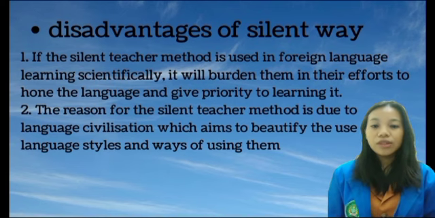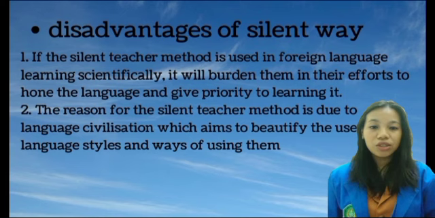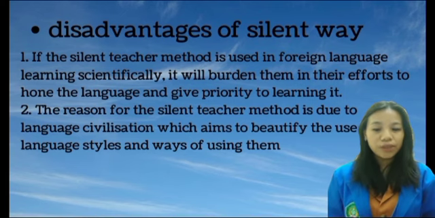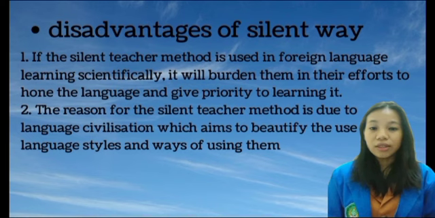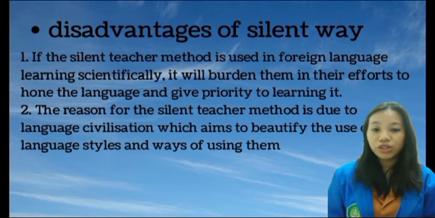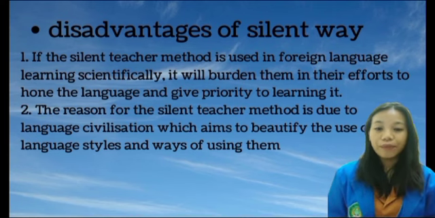Number two, the reason for the silent way method is due to language civilization, which aims to beautify the use of language style and ways of using them. In the second point, it is stated that the reason for using the silent way method is due to language civilization, which aims to beautify the use of language style and ways of using them.